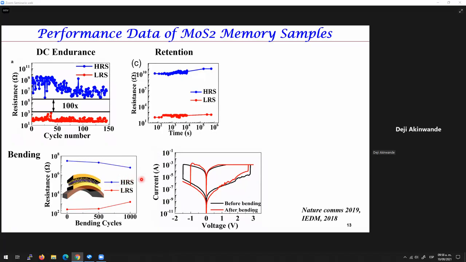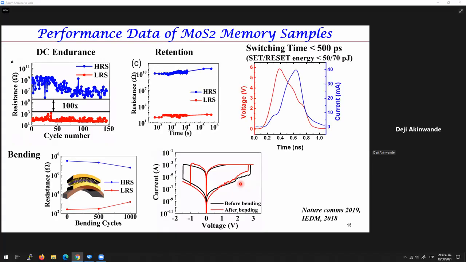So very, very robust bendability. And if you look at the IV data before and after 1,000 cycles, it's fairly similar to the initial data. So that's very important, for example, for wearable applications, where you may want to have on-board wearable memory to store data you're collecting from the wearable subject.